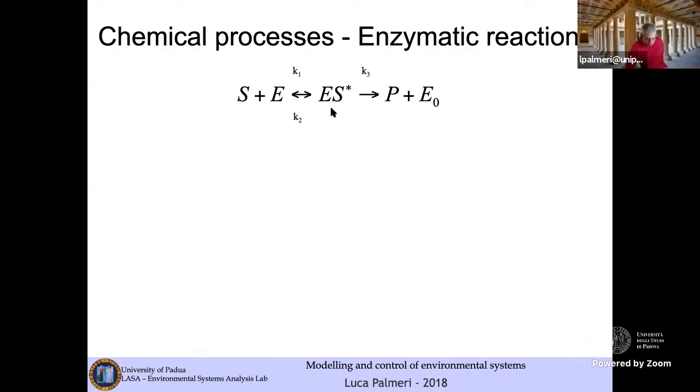But simultaneously, we have a reverse reaction, the activated complex deactivated, so we have to describe it with a K2. So this is a two-way reaction, left to right and right to left.